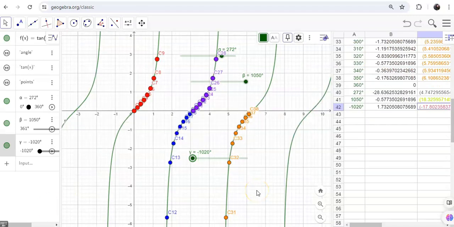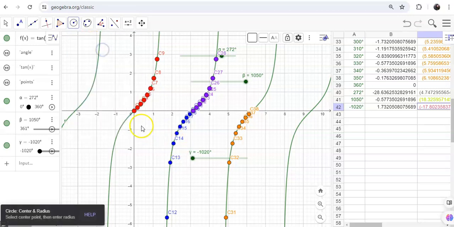Alright, and now let's make it more exciting by adding a unit circle and creating angles for each slider. So please observe.